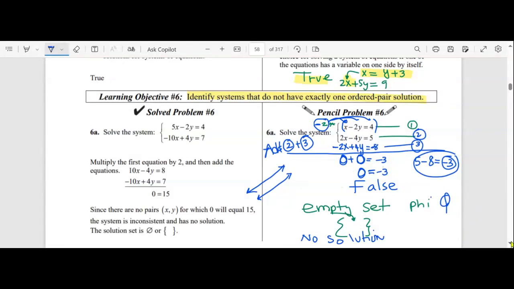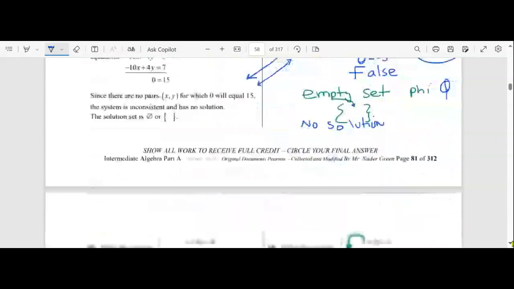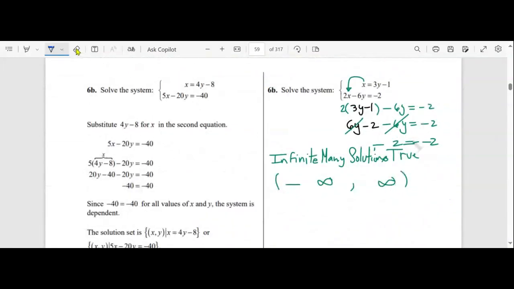Let's go to the next one. It said here x equal how much? 3y minus 1. So this is so good. Why?